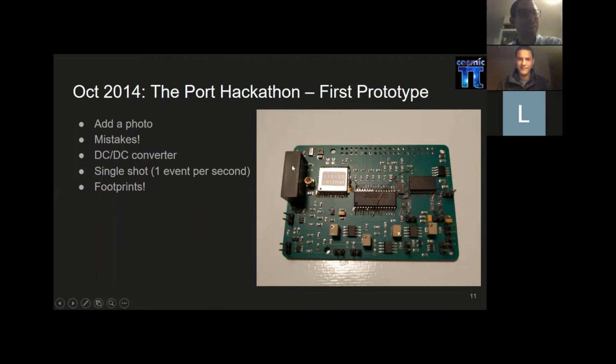The DC-DC converter we used is this block here from Murata, which had the wrong voltage range and insufficient stability. It was designed to only cope with a single shot, so we would only have a maximum rate of 1 muon per second.